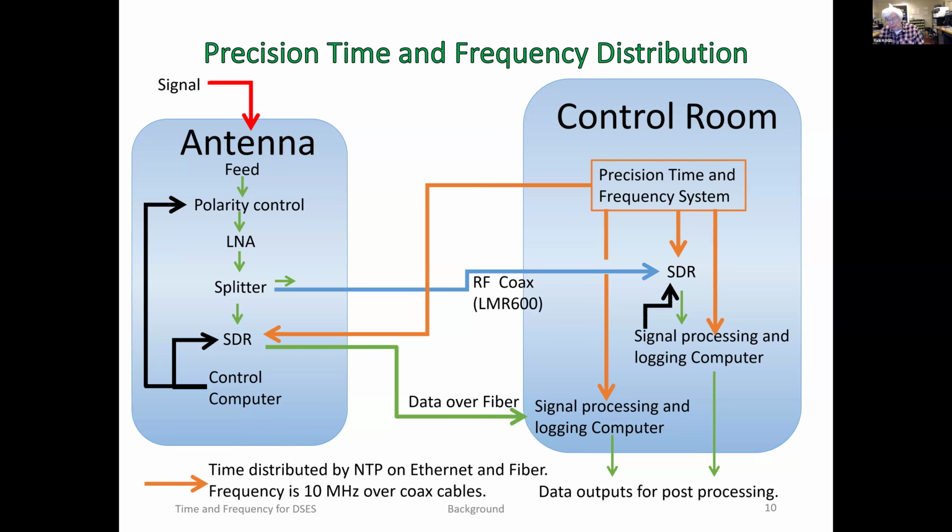And those are sent over Ethernet lines to the signal processing computers. And these signals are available for any other asset, including the ham radio station or any other asset we might want to synchronize time and or frequency.